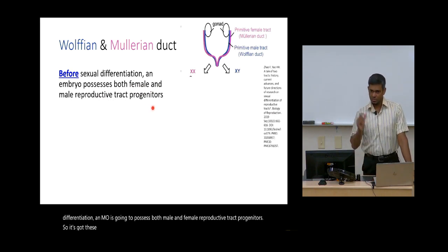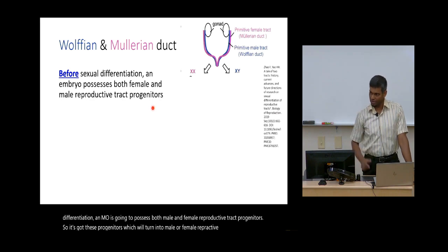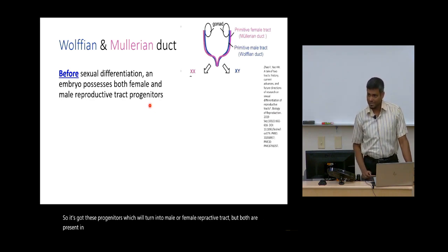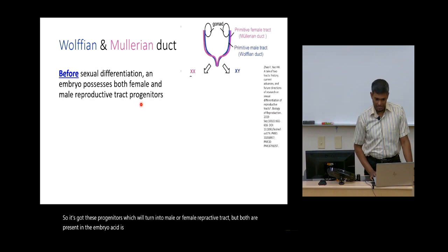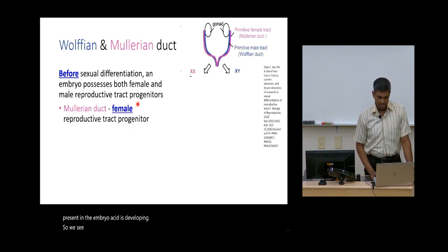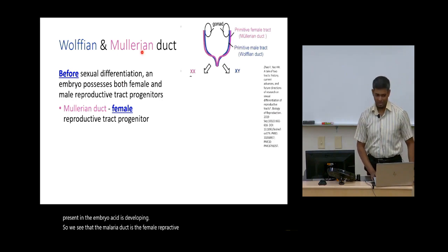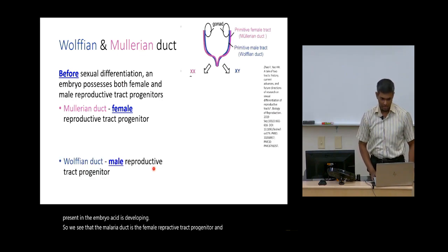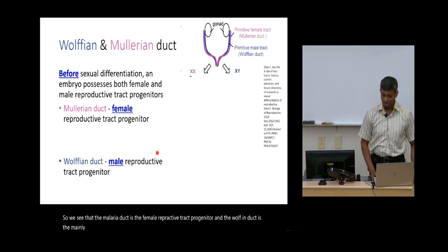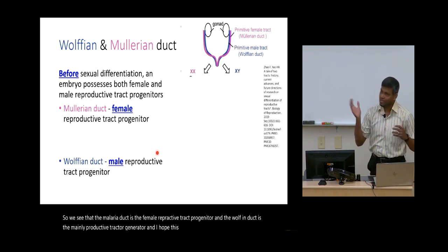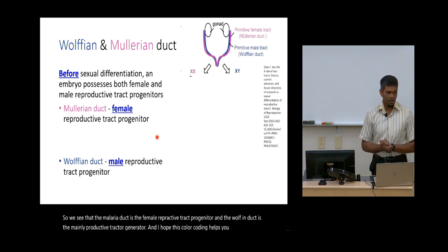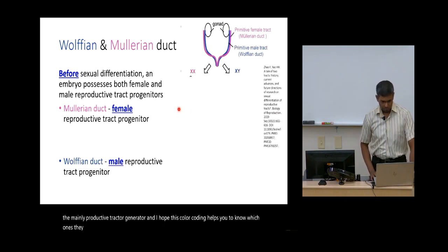So it's got these progenitors which will turn into male or female reproductive tract, but both are present in the embryo as it is developing. The Mullerian duct is the female reproductive tract progenitor, and the Wolffian duct is the male reproductive tract progenitor, and I hope this color coding helps you to know which ones they are.